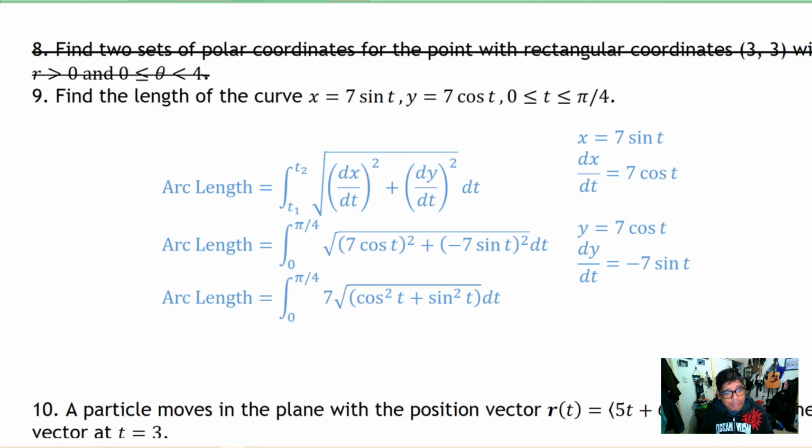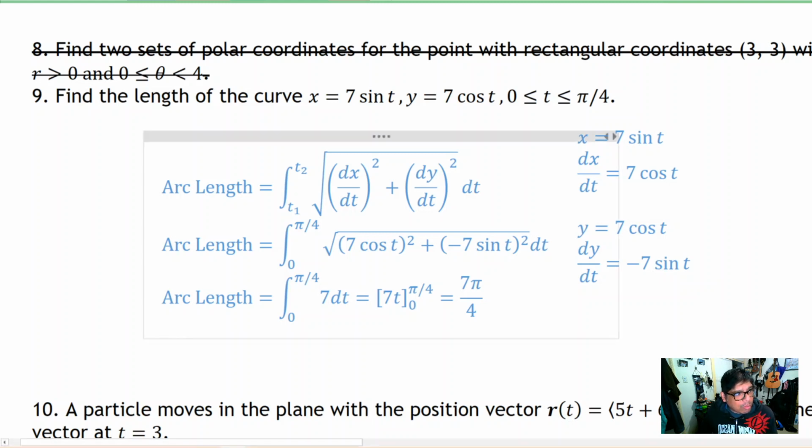That's just 1. And then the square root of 1 is just 1. So the antiderivative of 7 dt, that's just 7t from 0 to pi over 4, which is just 7 pi over 4. So that takes care of our question 9.